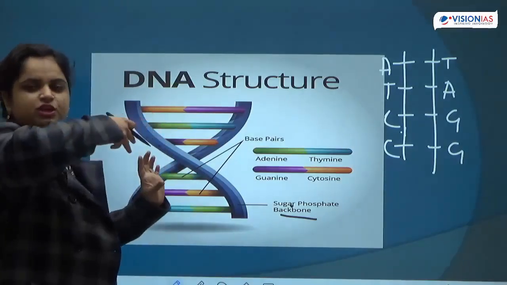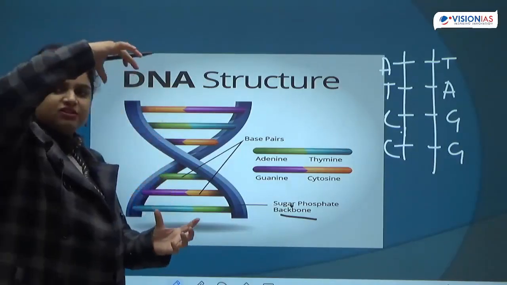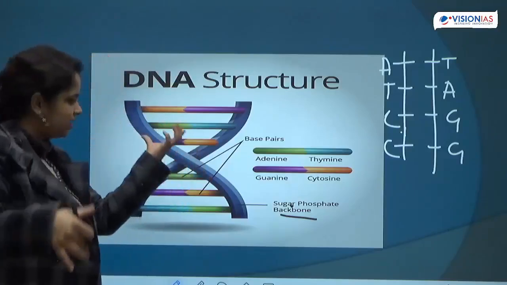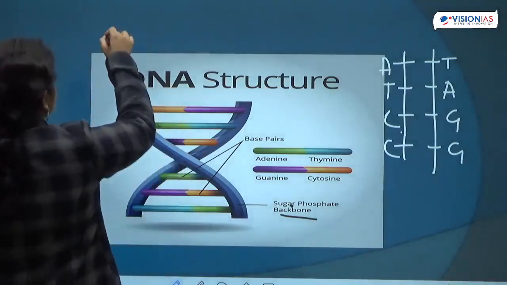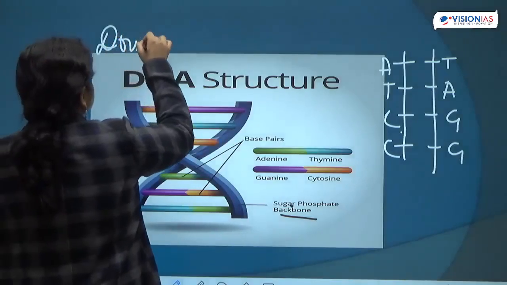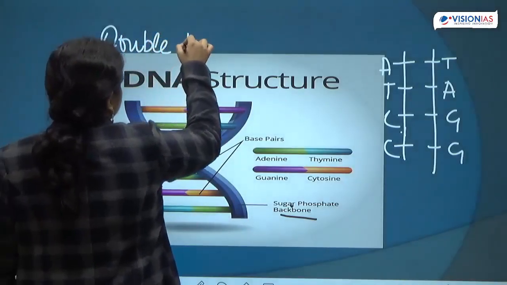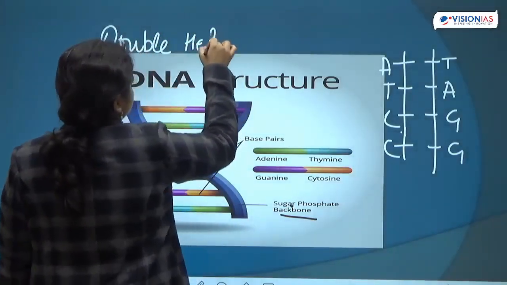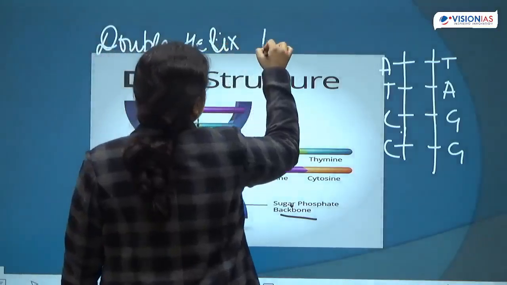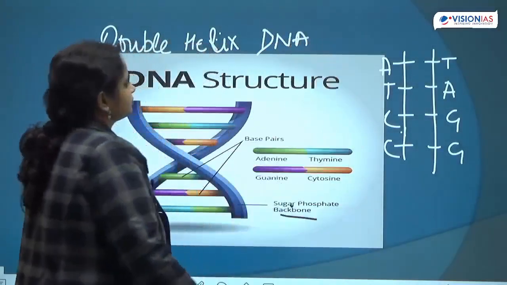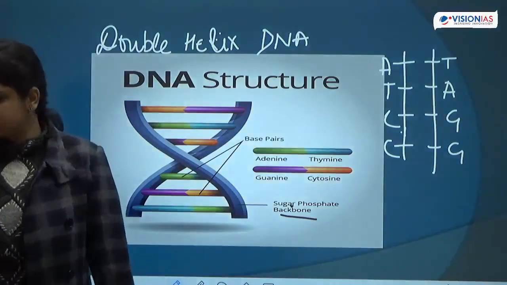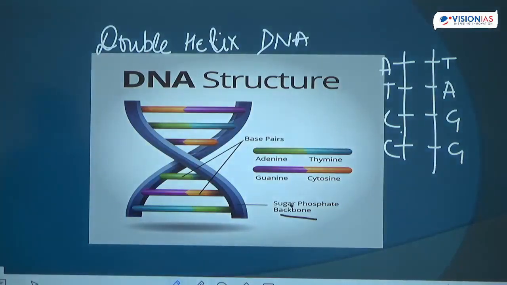The two parallel chains have twisted on themselves, and this is how the structure now looks. We call this the double helix DNA structure.